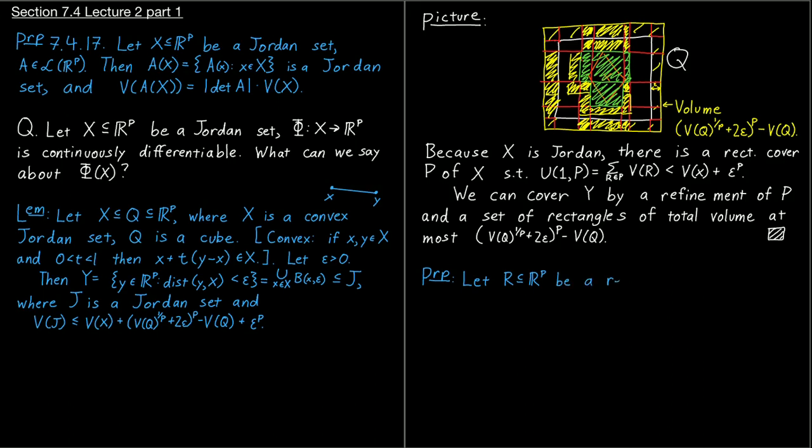So let's take a rectangle R, and remember from an early homework that differentiable functions on non-open sets aren't necessarily differentiable, the derivative isn't necessarily well defined, so let's just grab an open set containing R to be our domain for our function phi, which is continuously differentiable. And let's pick a point c in R.